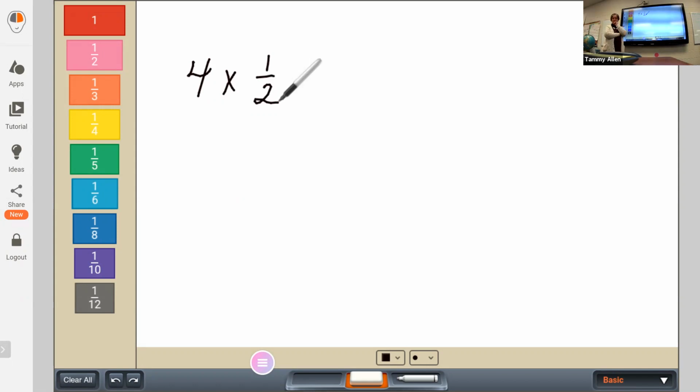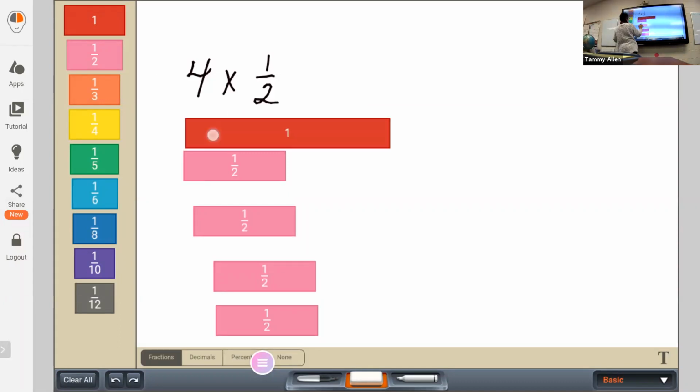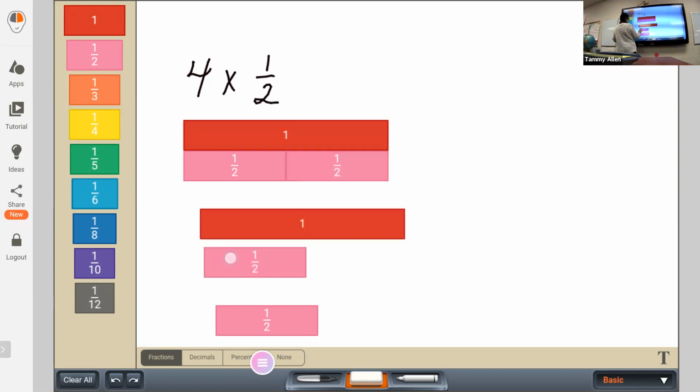Four times 1/2. If we bring 1 down, we can see that 2 halves make up a whole.